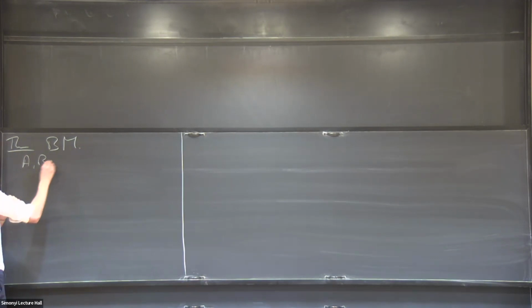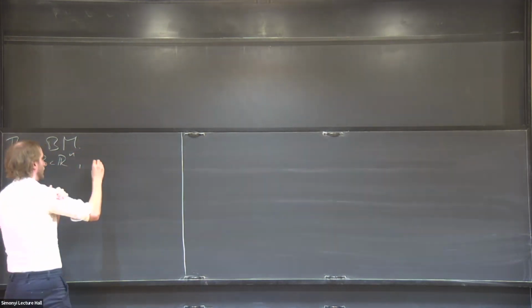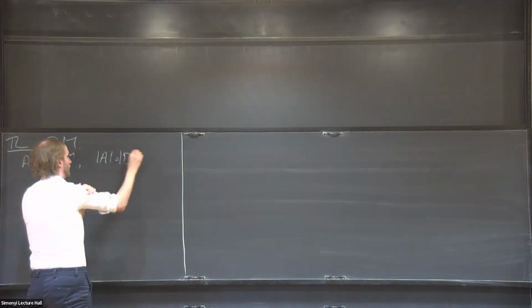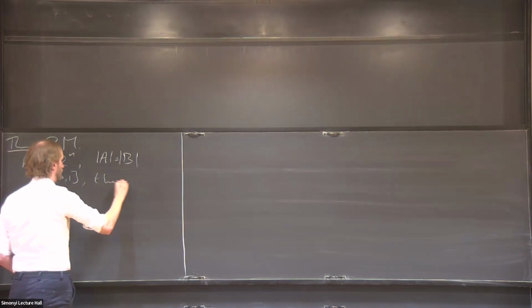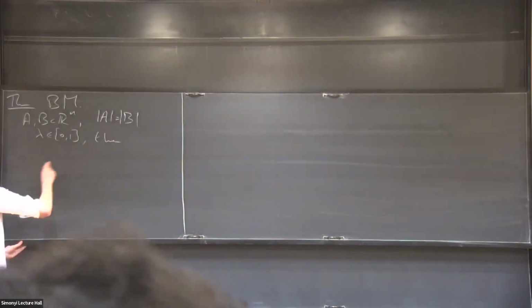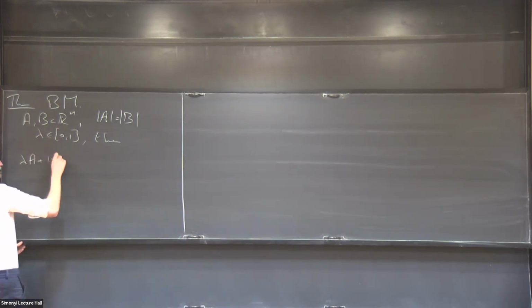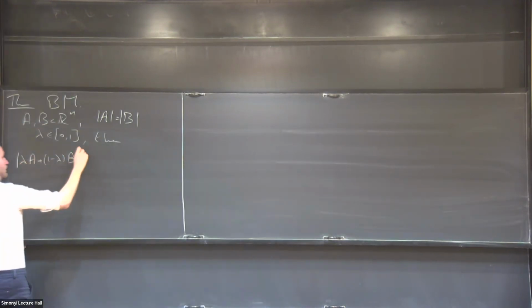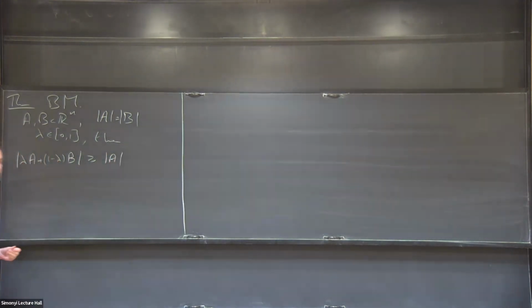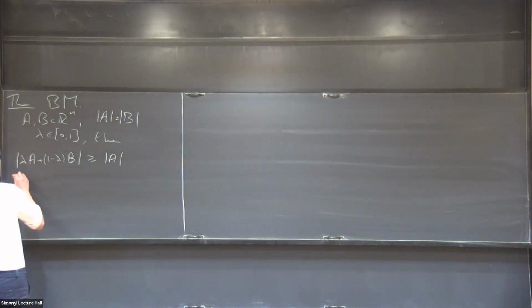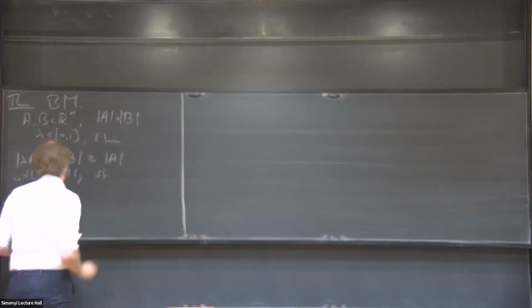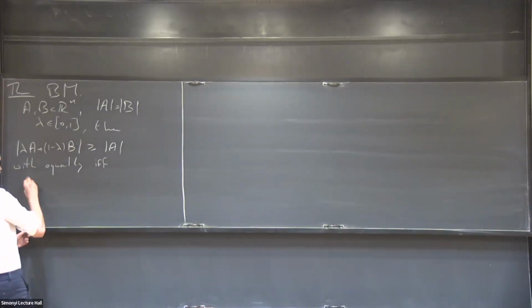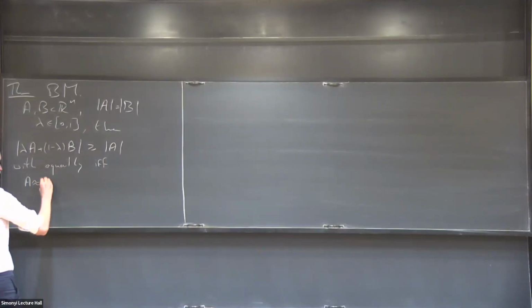It says that if I have two sets in R^n of the same volume, and the parameter lambda between 0 and 1, the weighted average of the sets has at least the size of the individual sets, with equality if and only if A and B are essentially the same set.